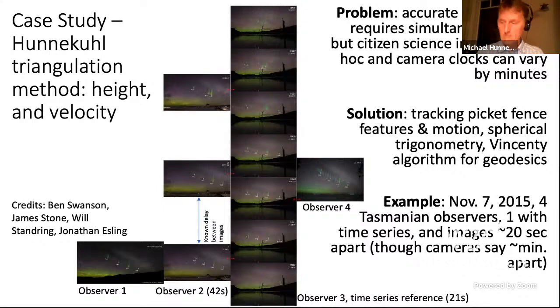I also started to calculate drift speeds for picket fences, and for the event I analyzed in detail, shown here, I come to speeds very similar to those reported by Archer in the range of 150 to 200 meters per second. I was also able, for one event, to measure the drift speed of discrete structures in the whitish part of Steve in the range of 10 kilometers per second.